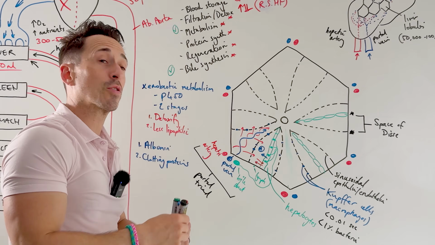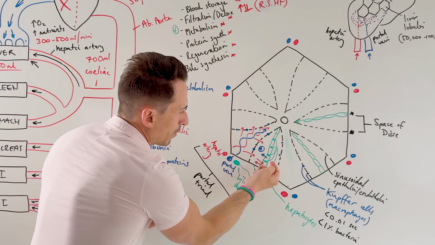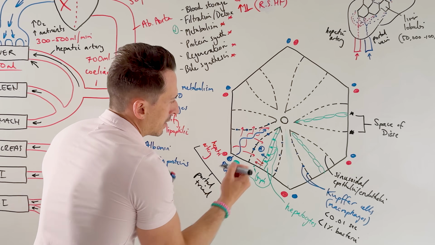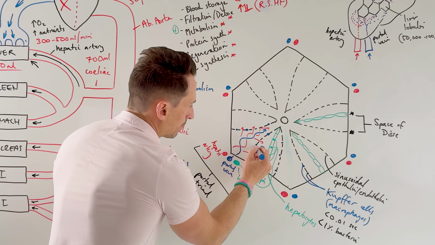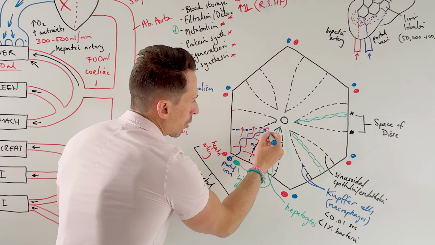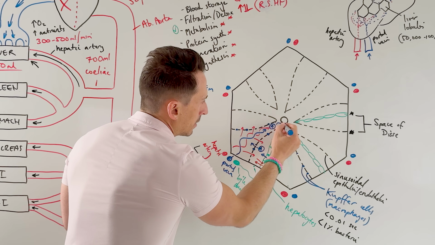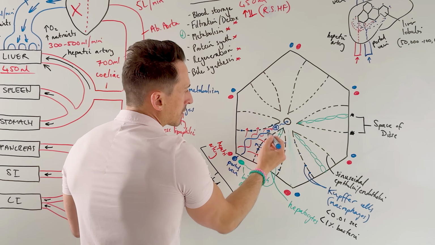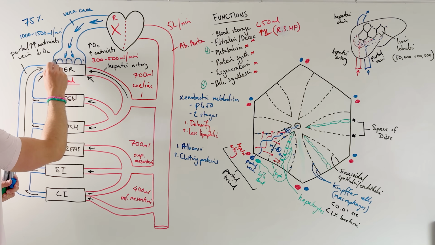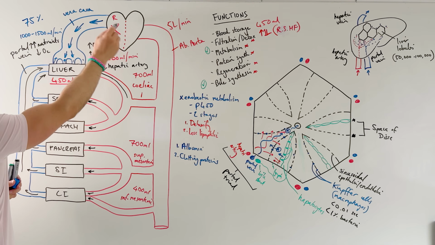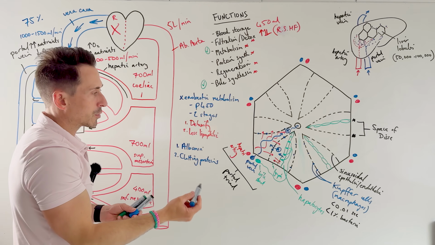It's got a name, just thought I'd let you know. So the albumin will be dumped into the space of Disse, and then the albumin will be thrown back into the sinusoid, right? And then will drain down into the central vein. Where does the stuff that gets drained into the central vein go? Into these hepatic veins, which ultimately go back to the heart and then through the systemic circulation.